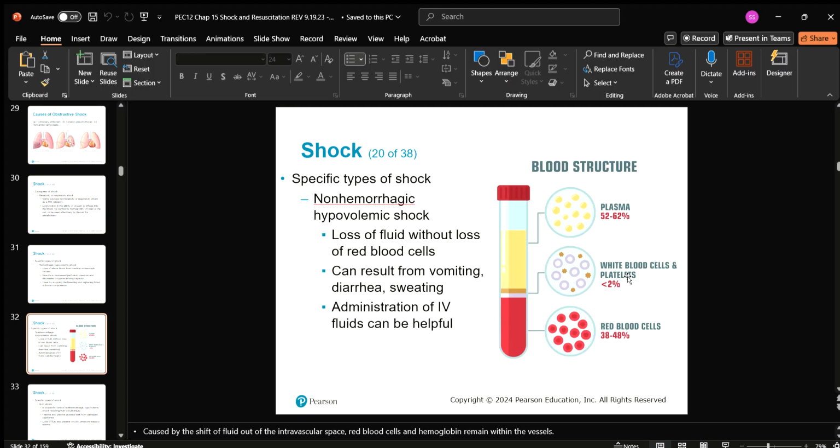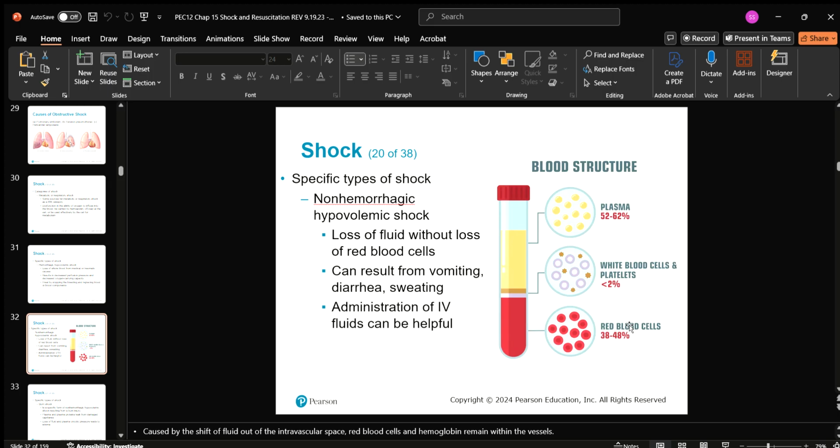What do platelets do? They help with clotting. But if we're losing all that, we're losing our biggest factor that helps us clot. So we're losing the fluid, we're losing our ability to clot, and we're losing the red blood cells. What do red blood cells do?